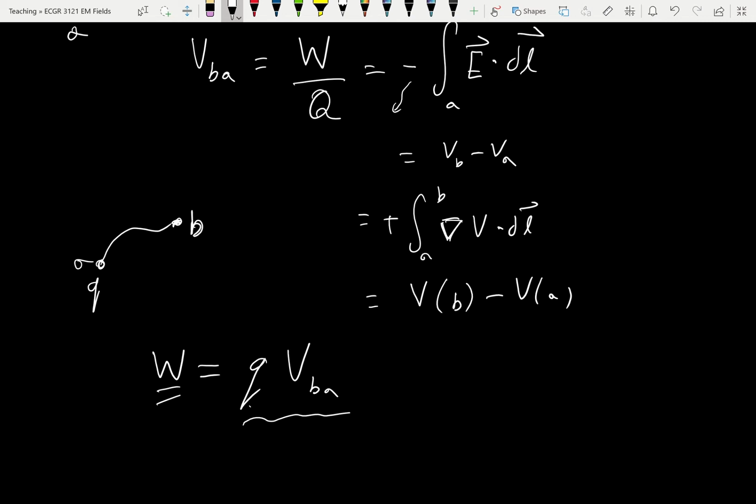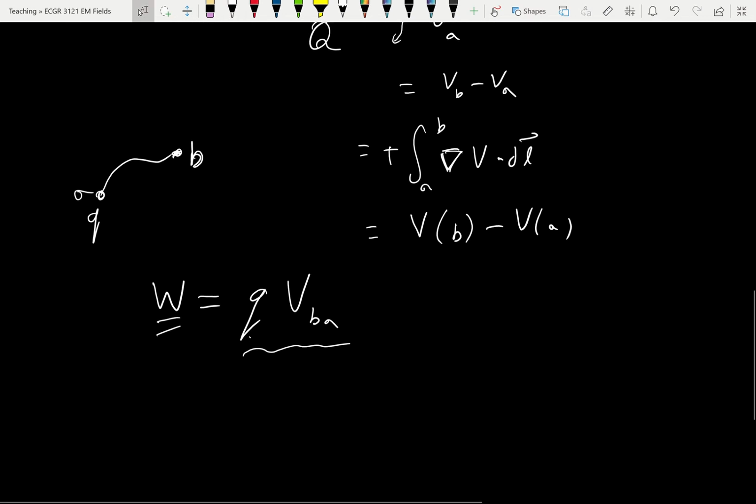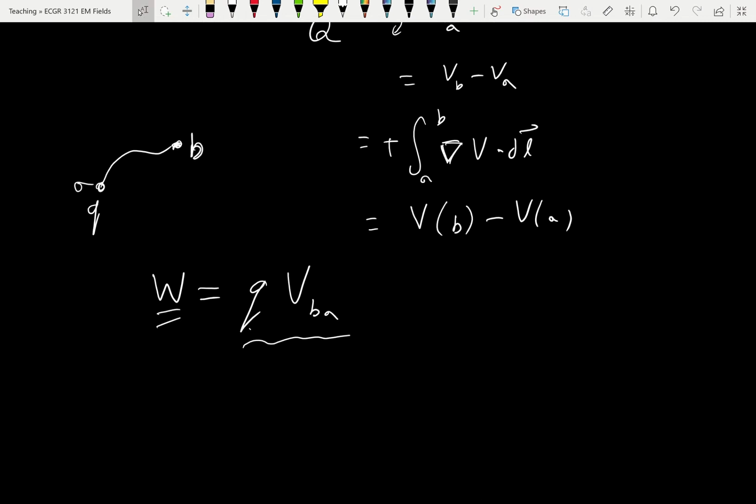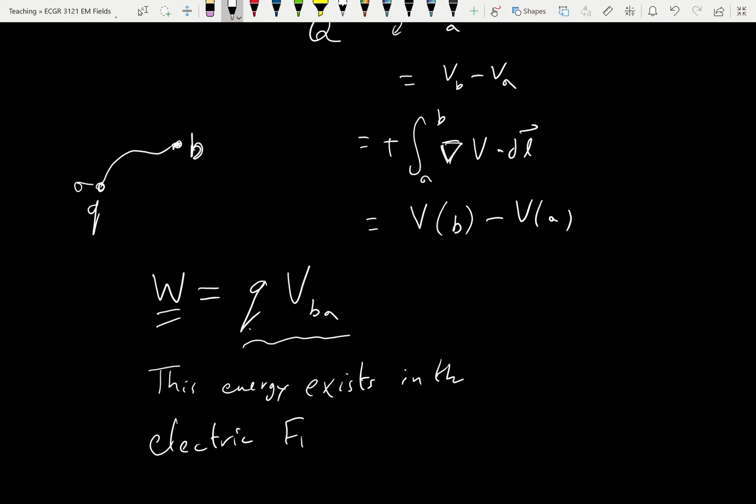So the point that I want to make here is, where does this energy go? The key concept here is that this energy gets stored in the field. This energy now exists in the electric field. It's because when I move this charge, I change the electric field in the environment, and that's where the energy went.